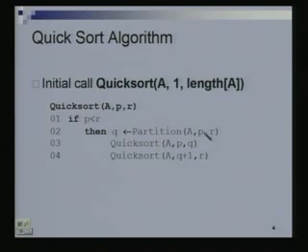It returns the demarcating line, so to say, so that the lower half is going from p to q, and the larger half is going from q plus 1 to r. So now I need to sort the lower half and the upper half separately. So I recursively invoke quicksort on the lower half, which is going from p to q, and on the larger half, which is going from q plus 1 to r.